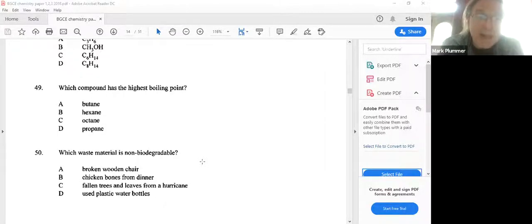Although in landfills, they're beginning to see that there are enzymes and various microorganisms which have evolved and are breaking down plastics. But the worry is that they're producing lots of methane, lots of CO2, and lots of other nasty chemicals as well when they degrade the plastic. But the answer to number 50 is D, used plastic water bottles.